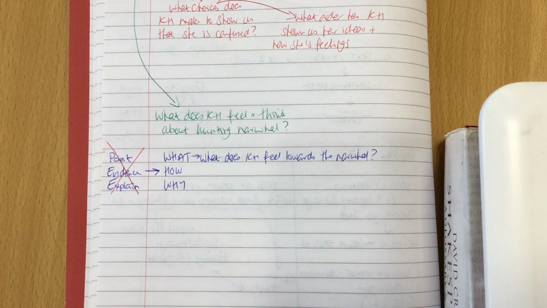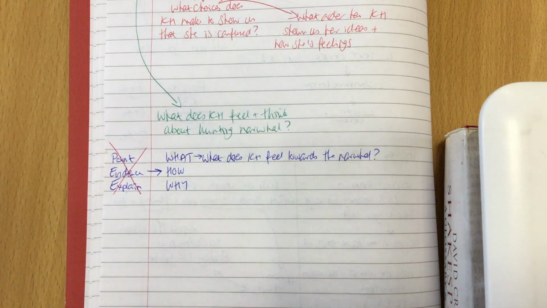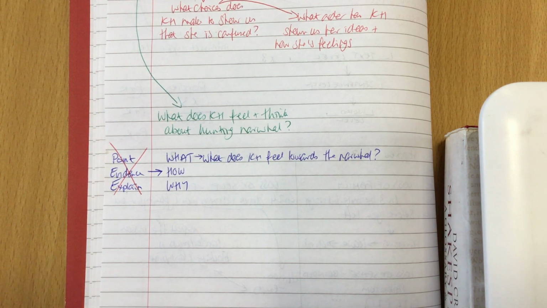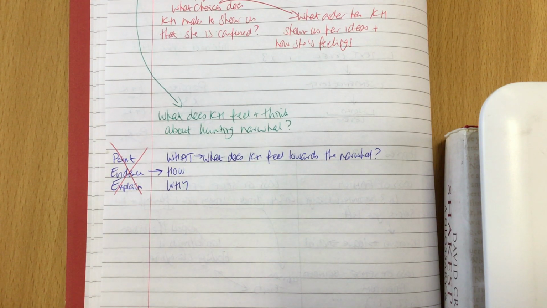If she feels the narwhal are mythical, she's not too sure if they're real, which we have evidence for. So the way we phrase it is really important so we can nail the point, so we just don't get confused.